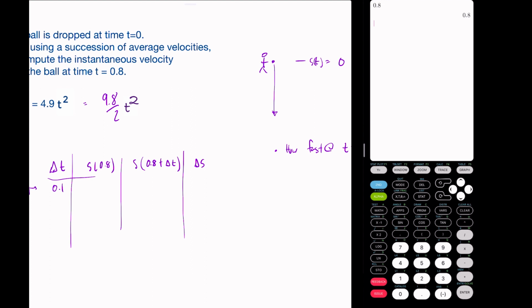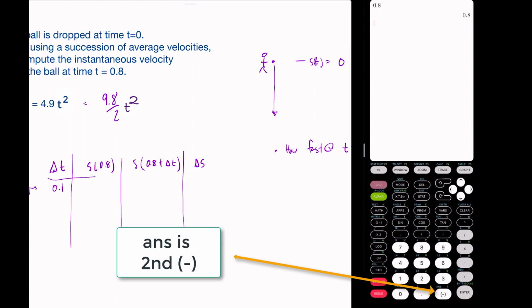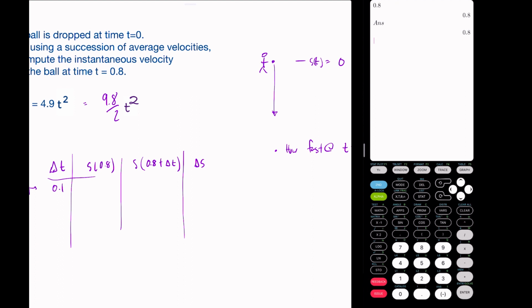And now the special ANS variable in the TI calculator is 0.8. And now I can use ANS in place of my variable in my function. And so I want to evaluate 4.9 t squared, or I could go 4.9 times 0.8 squared.